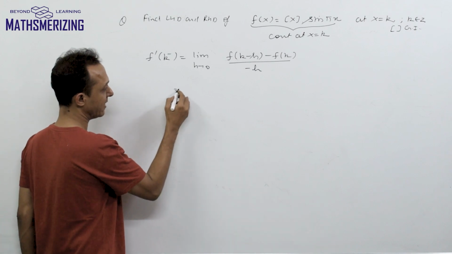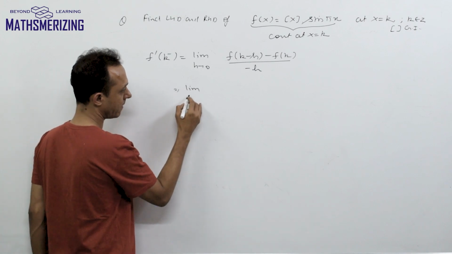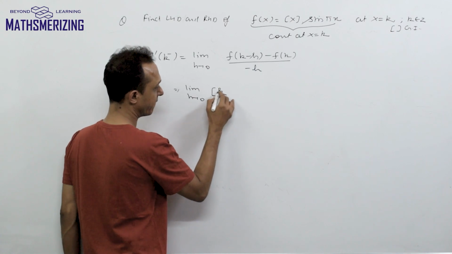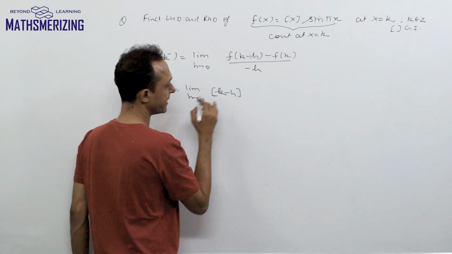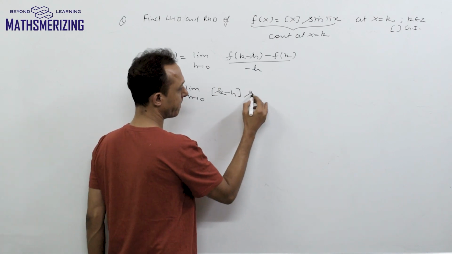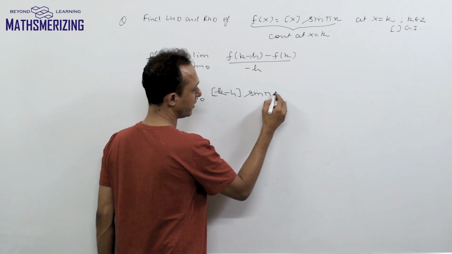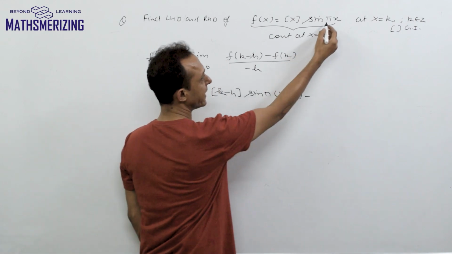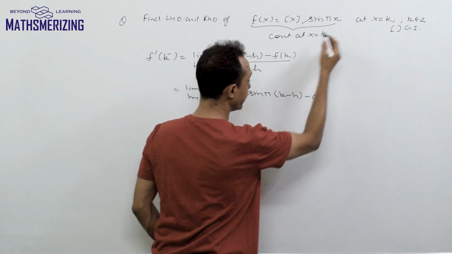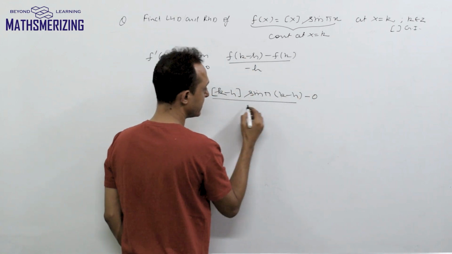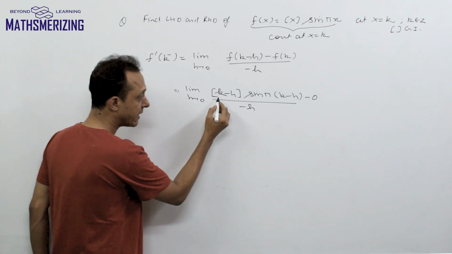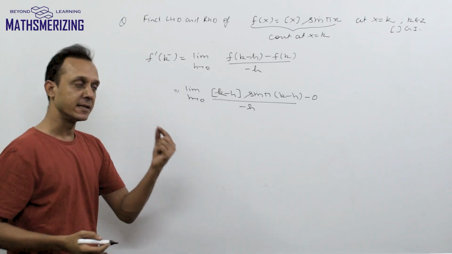So I can write it as limit h tends to 0, and this is greatest integer function of k minus h into sine pi into k minus h. Now f(k), which is sine k pi, is 0 because k is an integer, upon simply minus h.